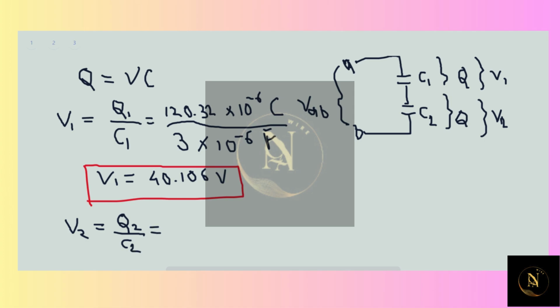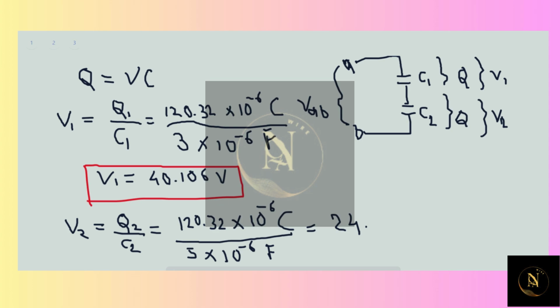Again, the charge Q2 is the same, which is 120.32 times 10 raised to negative 6 coulomb, divided by the capacitance, which is 5 microfarad, 5 times 10 raised to negative 6 farad. And if you calculate this, the value comes out to be 24.064 volt.